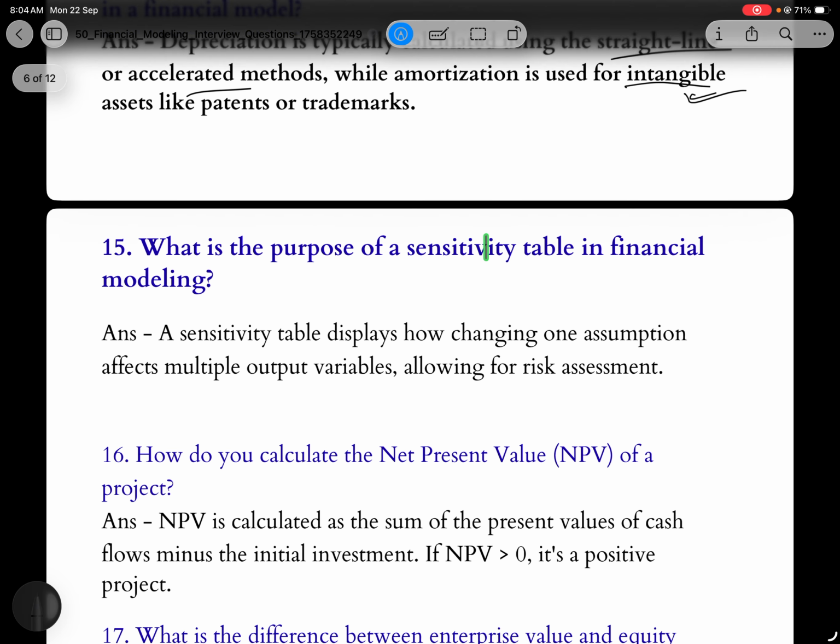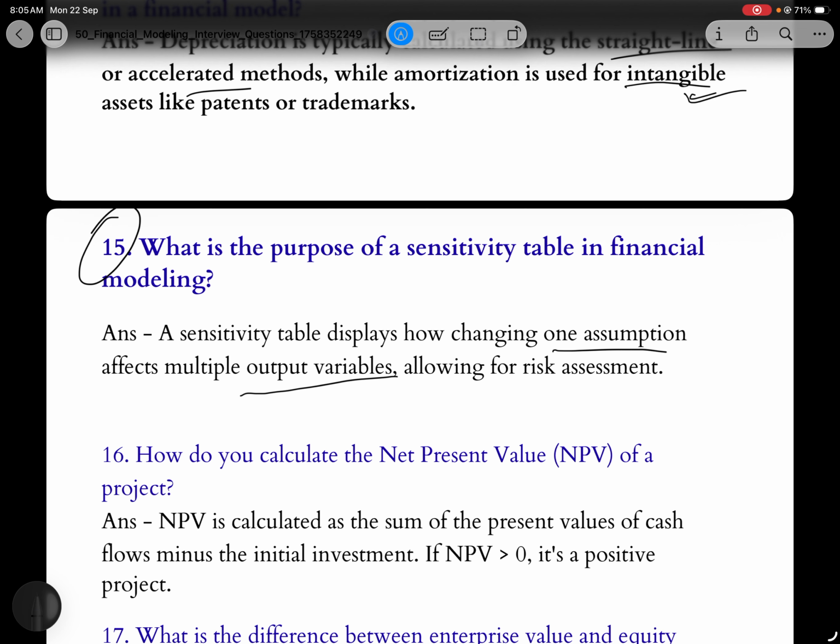So, what is the purpose of a sensitivity table in financial modeling? It's very important. It basically shows how one assumption change affects multiple output variables, right? Let's say how the costing of a particular project can affect the profitability side of things. That's one assumption that can change the output or the profitability of the whole company.